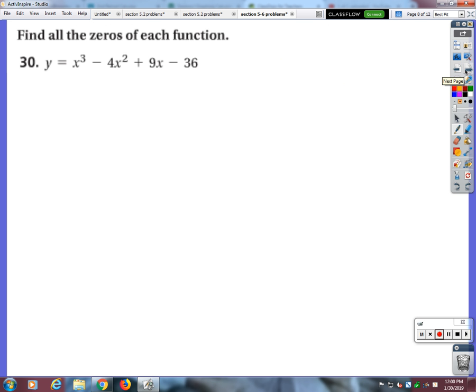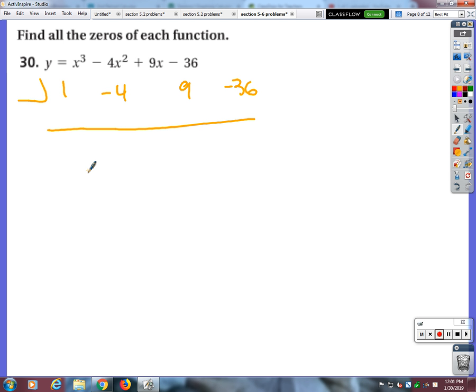So 30, now it wants you to actually find the answers. Okay? And I'm so glad, Peyton, that you asked for number 30, because this is the big reveal here. So I'm going to do what we were doing before. 1x cubed, negative 4x squared, 9x, and negative 36. And then we're going to try and find a number that works for that, okay?